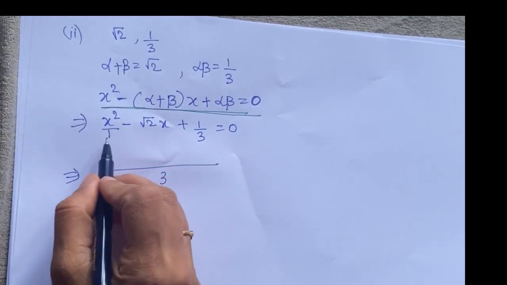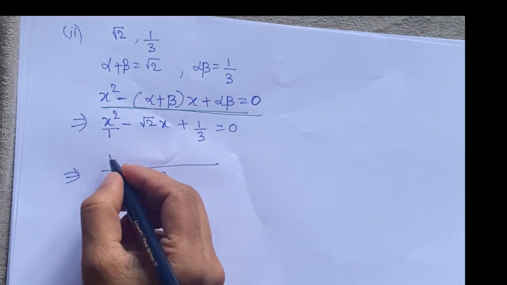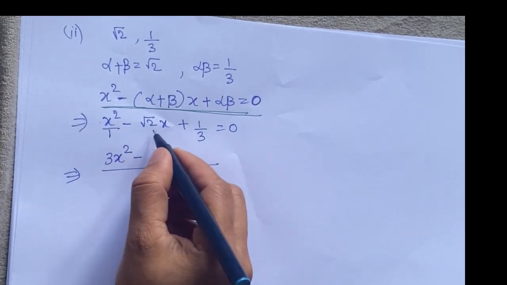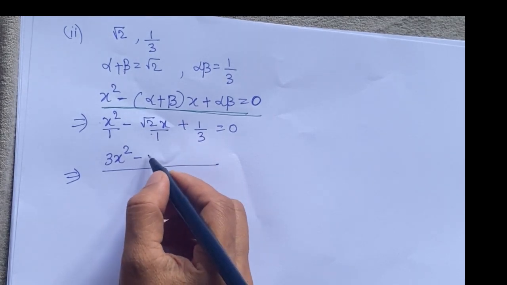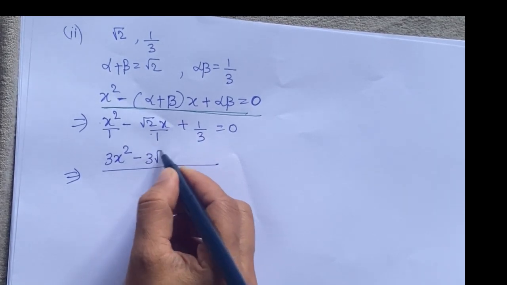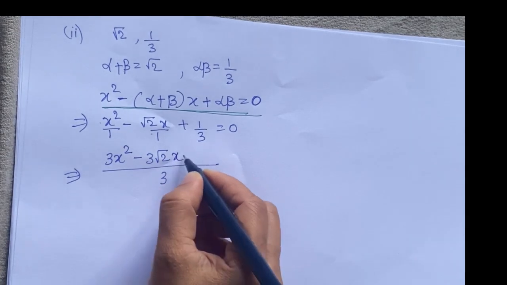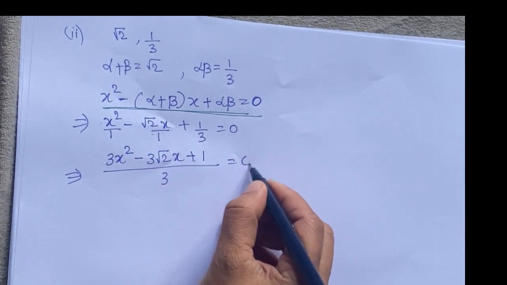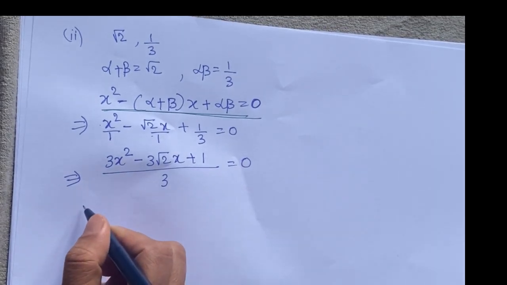Here there is no 3, so I need to multiply 3 to x square. 3 into x square is 3x square minus 3 into root 2x plus 1. The denominator 3 is there.